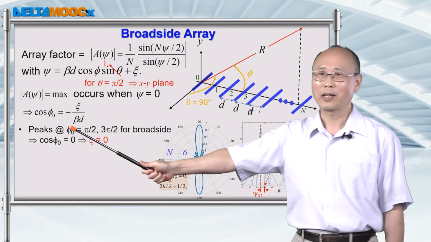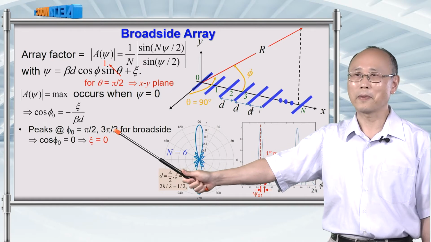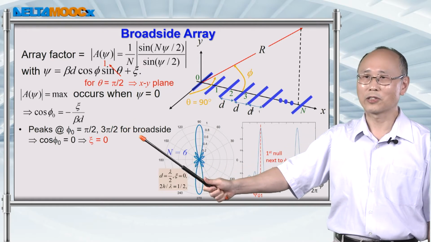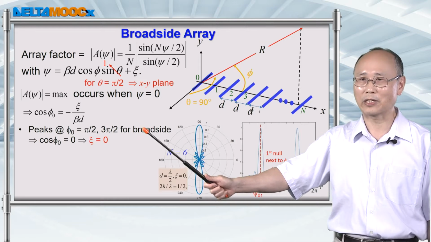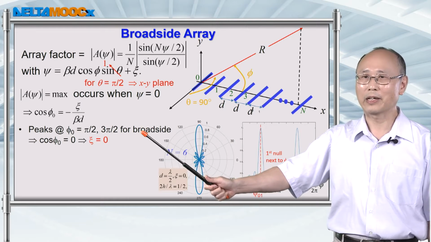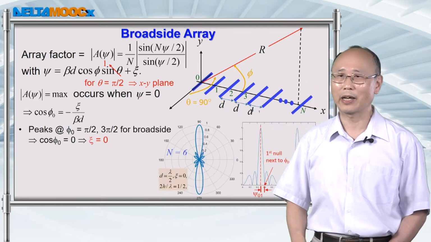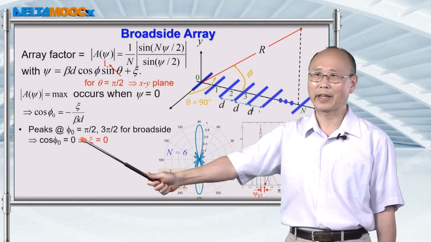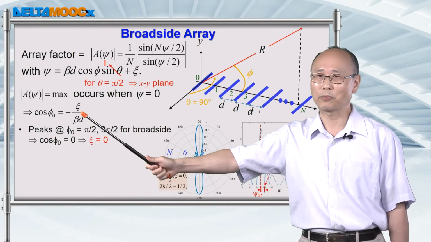Now, let's look at the direction. We have defined the so-called broadside array and also end-fire array in the last session. For a broadside array, you have the maximum radiation along 90 degrees and 270 degrees on the xy plane. So let's set this value into this expression.